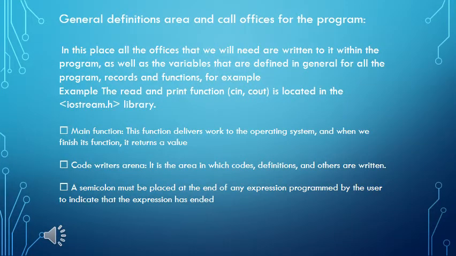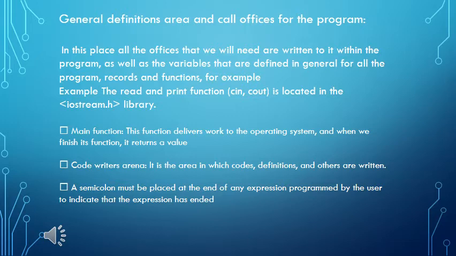In this place all the libraries that we will need are written within the program, as well as the variables that are defined in general for all the program, records, and functions. Example: the read and print functions, cin and cout, are located in the library.